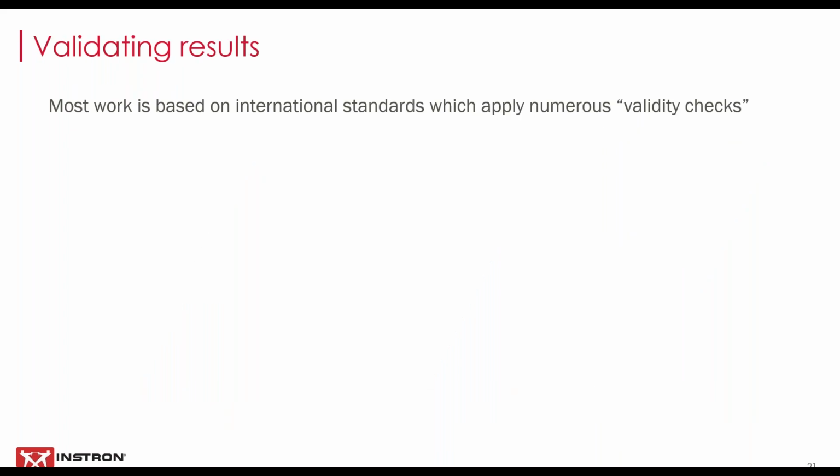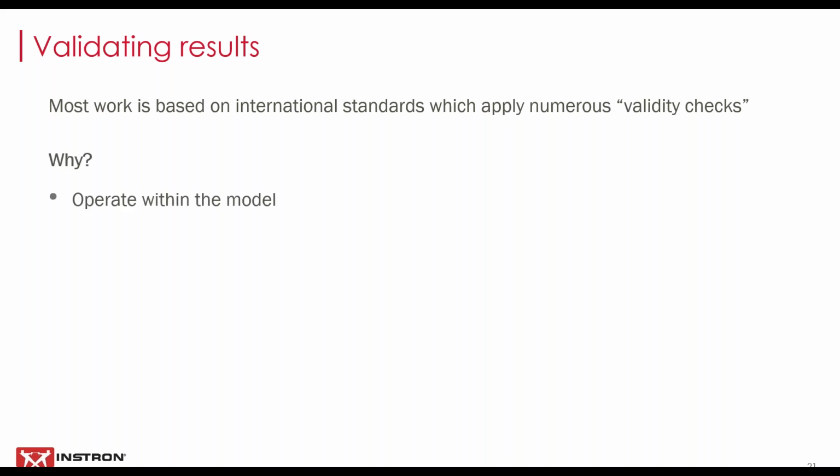So we've done our tests and we've done our calculations, but we also need to validate the results. Most work today on fracture toughness, and yes, there are people researching new and interesting ways to quantify it, but most of the work that's out there being done is based on international standards. And these apply a whole range of validity checks.